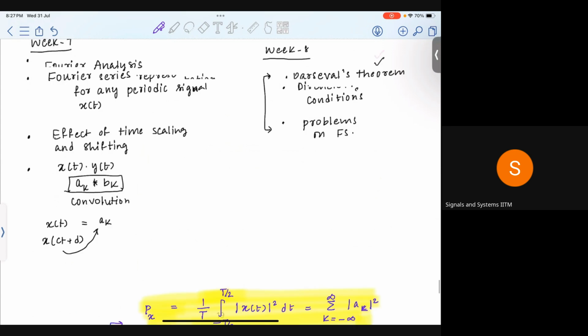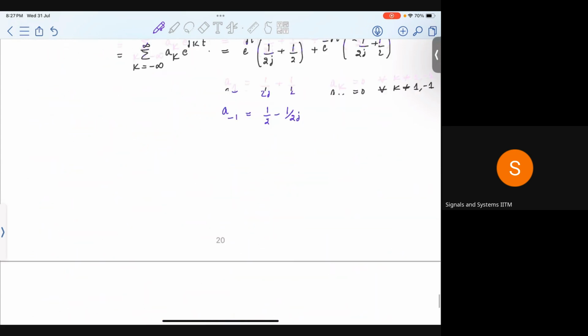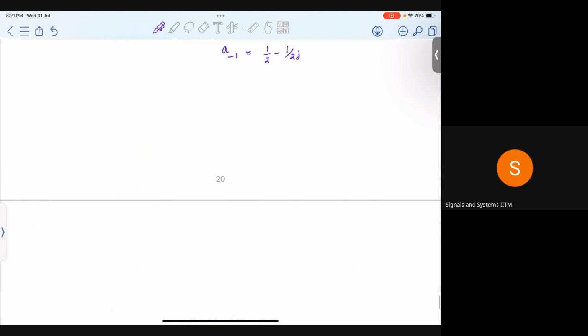So let me move to the Dirichlet's conditions. So why Dirichlet's conditions are important, and how do you... Ma'am, if we try to calculate the power of a finite signal, then what will it mean? A finite signal is not periodic, right?